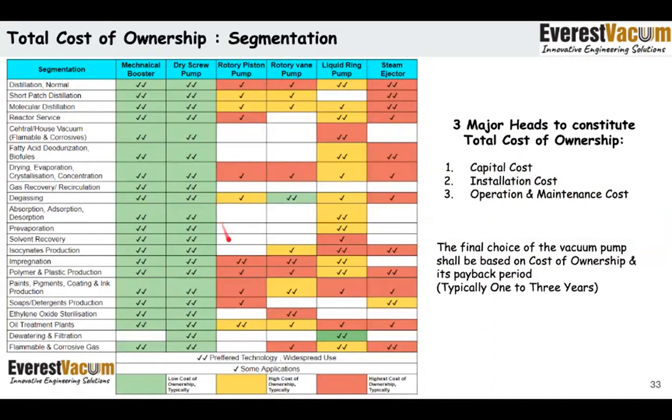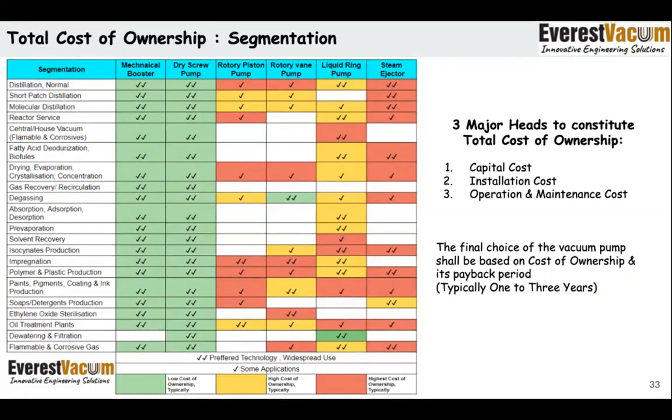Even though wet pumps may be slightly cheaper in first cost, once you change your thought to calculating total cost of ownership over the life cycle, you will realize that dry pumps are way more economical as compared to wet pumps.